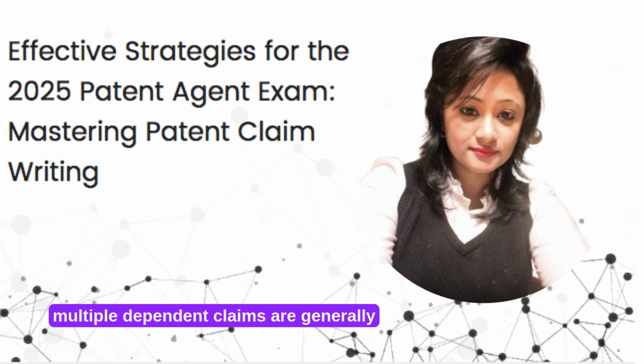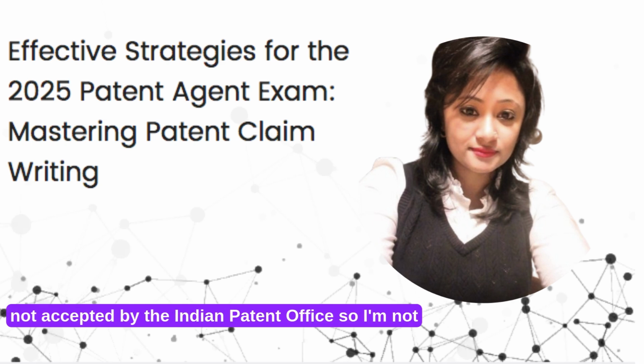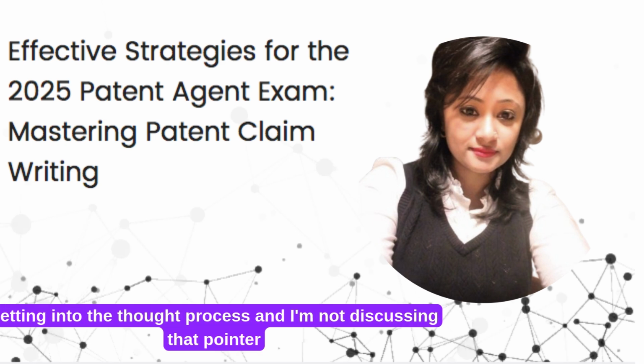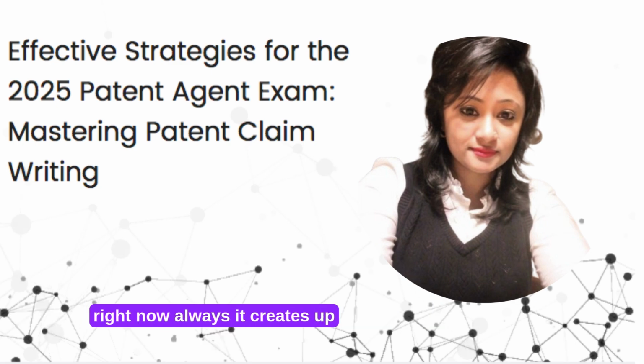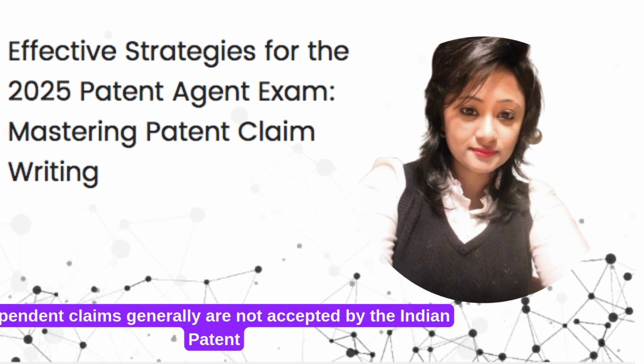Multiple dependent claims are generally not accepted by the Indian Patent Office. I'm not getting into that thought process and not discussing that pointer right now. It doesn't set the ambit right. So multiple dependent claims generally are not accepted by the Indian Patent Office.